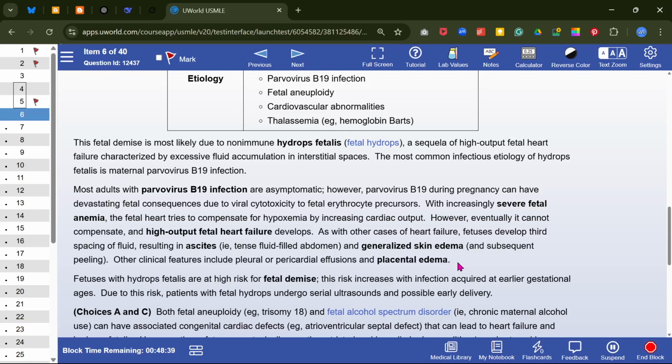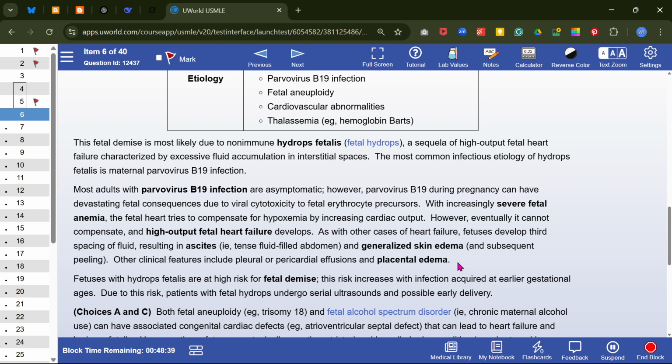Most adults with parvovirus B19 infection are asymptomatic. However, parvovirus B19 during pregnancy can have devastating fetal consequences due to viral cytotoxicity to fetal erythrocyte precursors with increasingly severe fetal anemia.